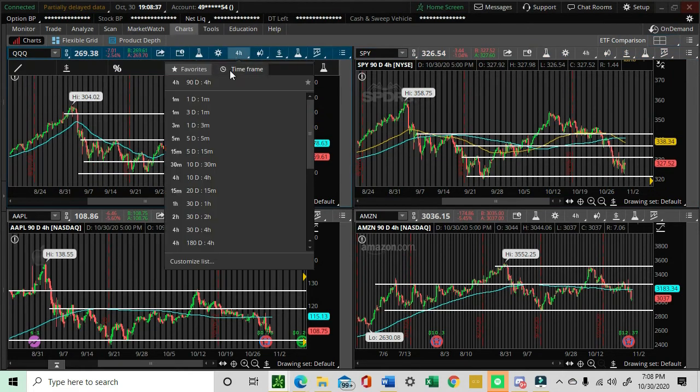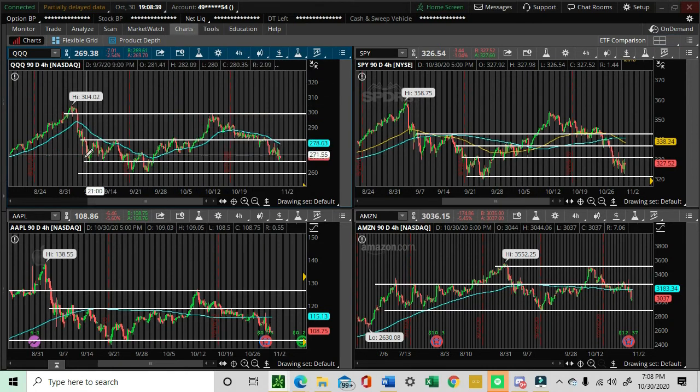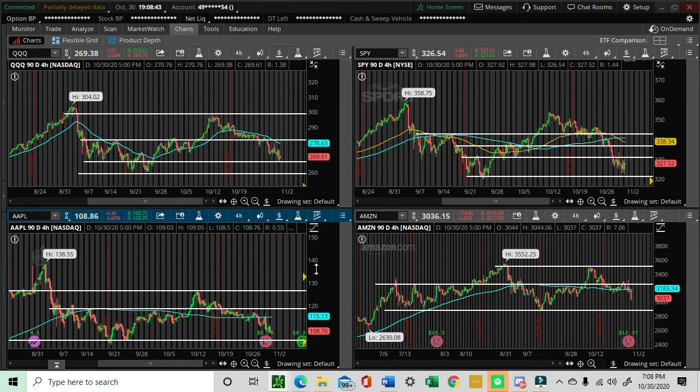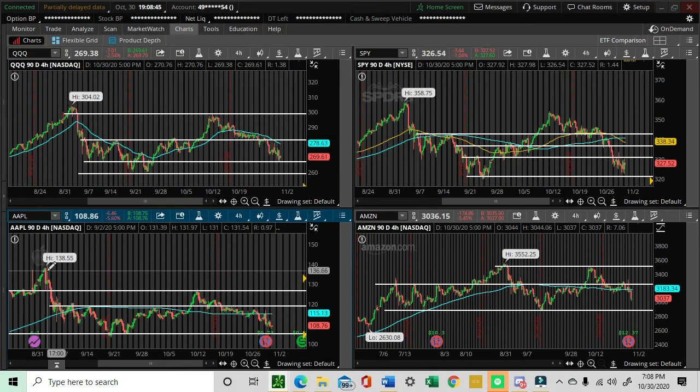So this is a chart on the 90-day 4-hour, and Apple on the 90-day 4-hour. And if we take a close look, we can see they pretty much mirror each other. So look, QQQ made a high, 304, pulled back down. Apple made a high, pulled back down. We rallied up, pulled back down.